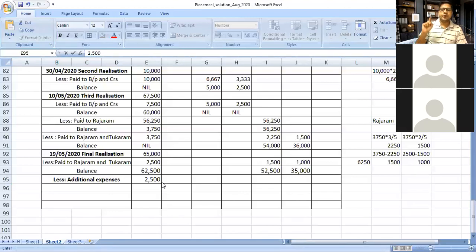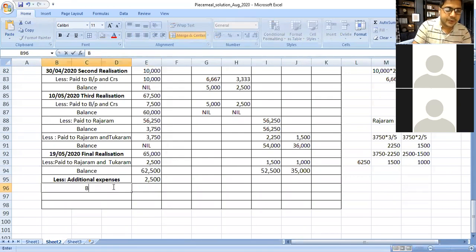It means whatever we decided did not happen, and actual expenses incurred were 12,500. So this 2,500 is an extra amount we have to pay. This extra amount is considered additional realization expenses that we have to pay in the final realization. So we deducted this particular value.